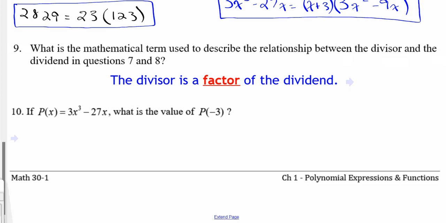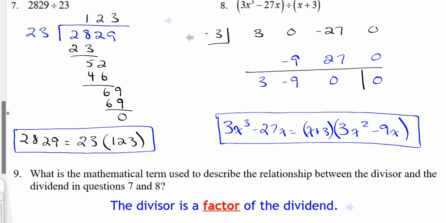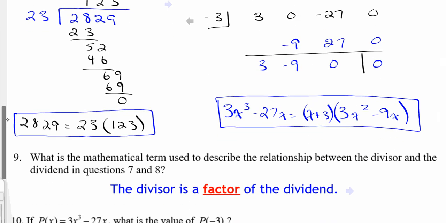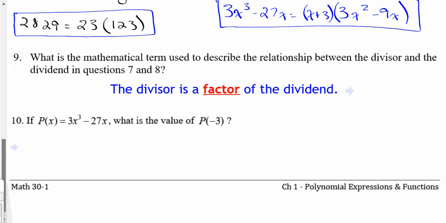So in number 10, what we're doing is essentially the remainder theorem, where since I'm dividing by x plus 3, if I replace all the x's with a negative 3, I should end up with 0, which is what we get. Which means we found a factor, which sets us up for the factor theorem, which is just a small extension from the remainder theorem.